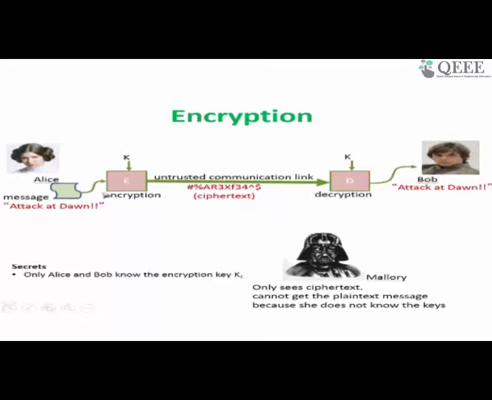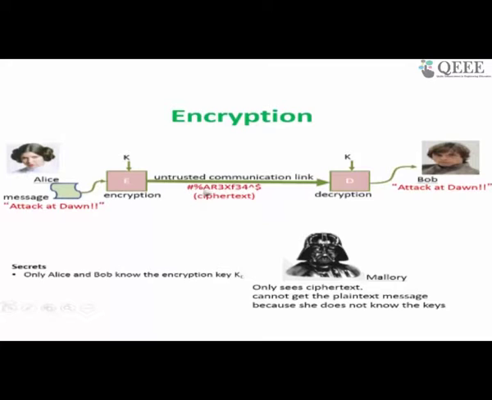Now the inputs to the encryption algorithm are Alice's message attack at dawn and the secret key, and what the encryption algorithm would do is create something called a ciphertext, which looks like totally random data.